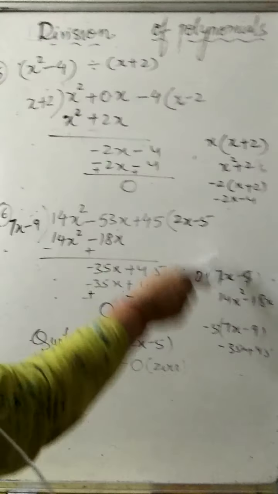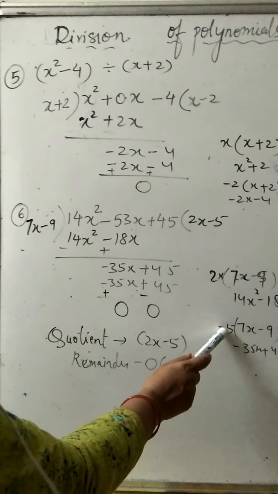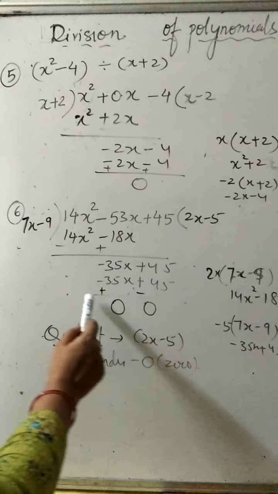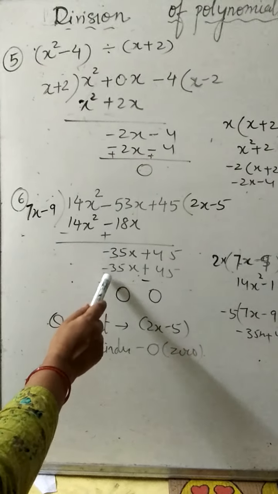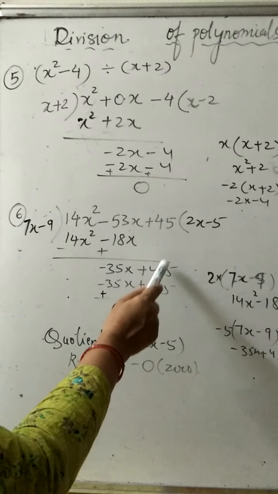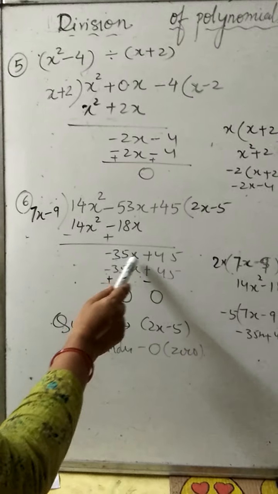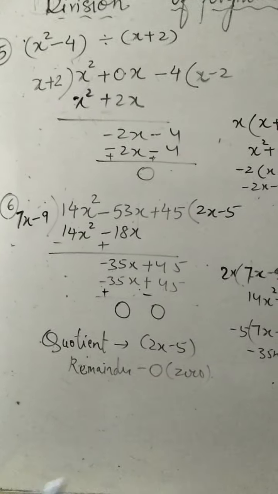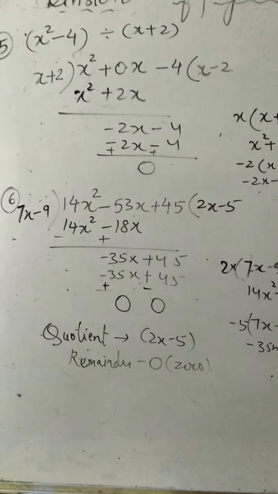We have multiplied it with minus 5, so I have written minus 5 here. And then again change the sign. Minus will become plus, plus will become minus. 45 minus 45 is 0. Minus 35x plus 35x is 0. So the quotient is 2x minus 5 and the remainder is 0.